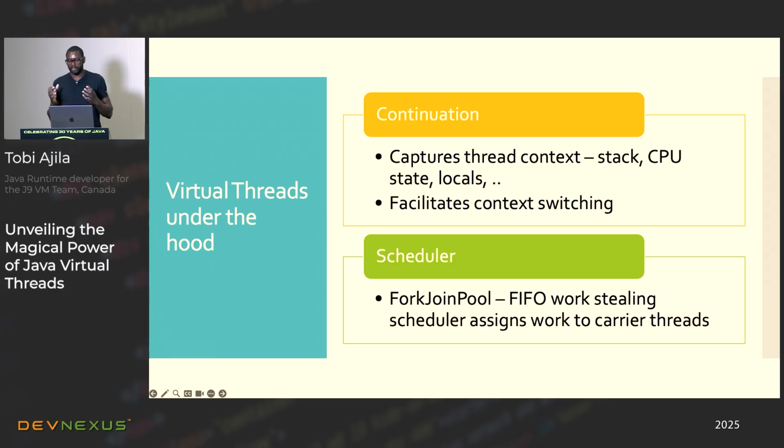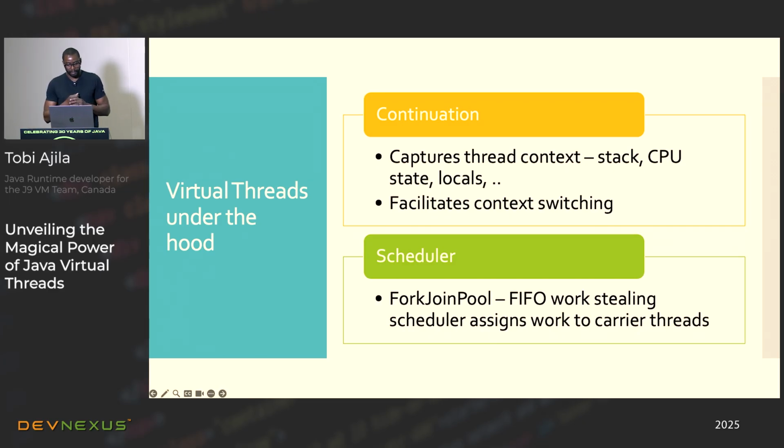So think of it as everything that captures the activity that's going on in a thread of execution: the stack, the locals, what's in the registers, et cetera. A continuation captures that state, which allows it to facilitate context switching. So you can pause state and then resume state.